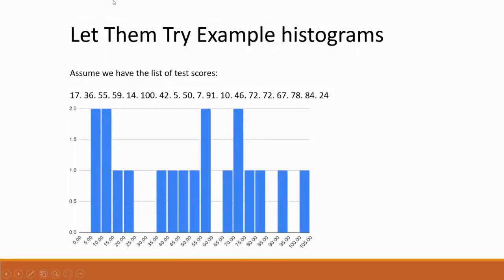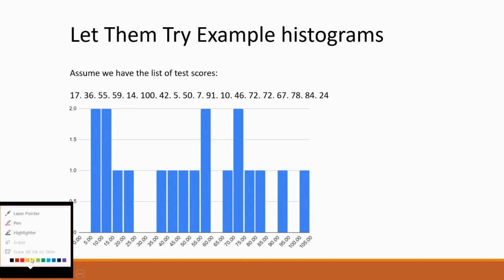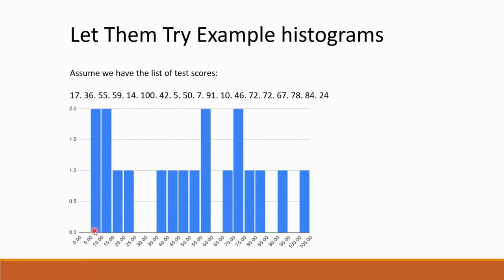With histograms, the scores that the bar represents: it's everything greater than or equal to the left endpoint, but strictly less than the right endpoint.